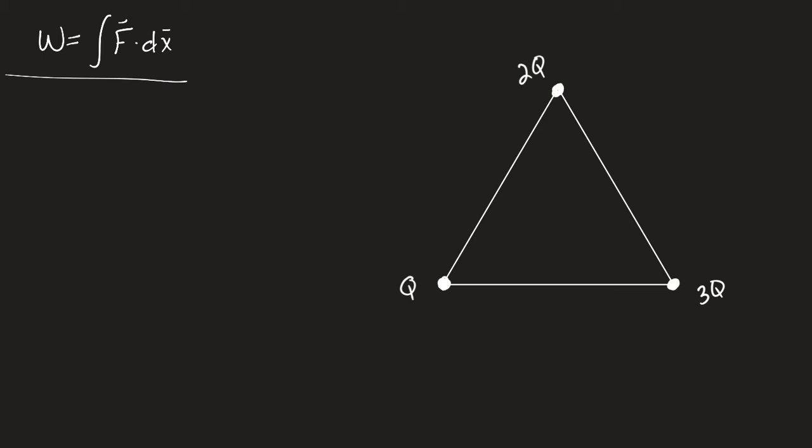With that being said, the first charge brought into position requires no work to be done because there is no other charge present, which means no electric field, which means the force in that area would be 0 on that charge. So if we assume that our starting problem has no charges here at all, and we bring in one of the charges, there is no electric field here, so I would experience no force in moving that charge to any location.